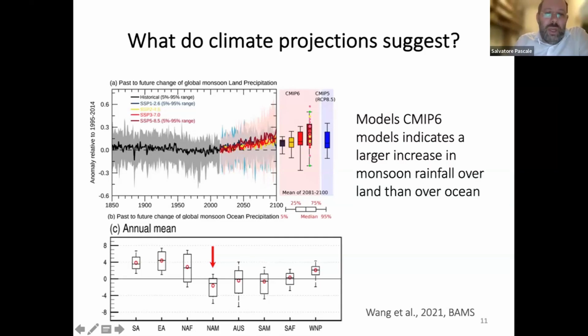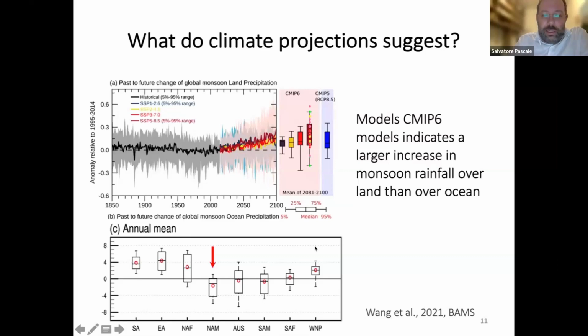So overall, global monsoon land precipitation is projected to increase in both CMIP5 and CMIP6 models, which you can see here, okay? So this is for all the monsoons, and it's consistent with the strengthening of the hydrological cycle. But when you look at the North American monsoon, the red arrow, you see that the projection is very different from the other monsoons, especially the Asian monsoons, okay?